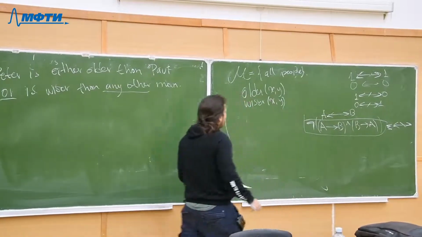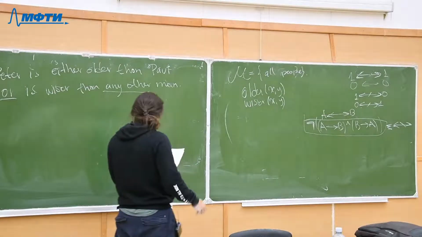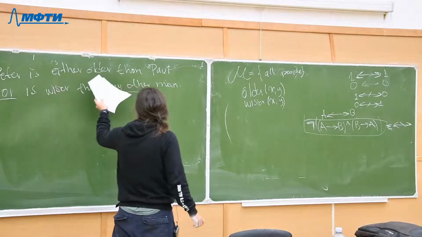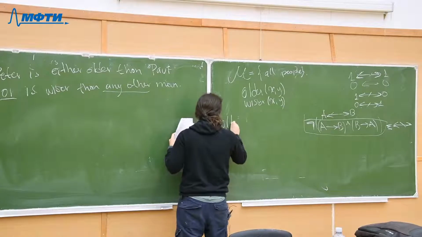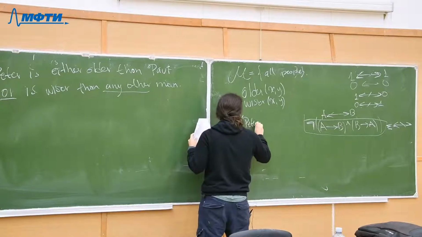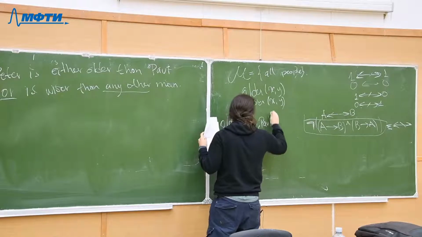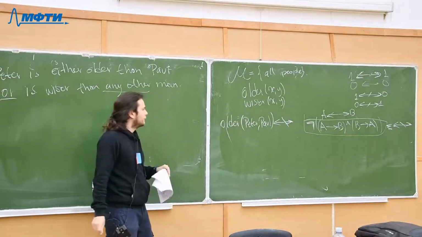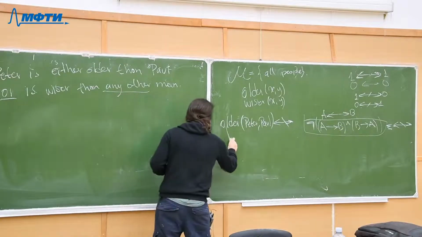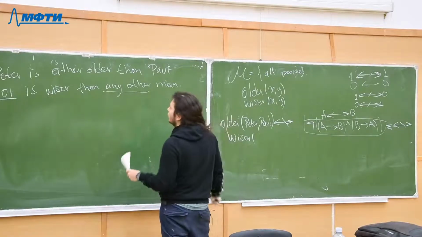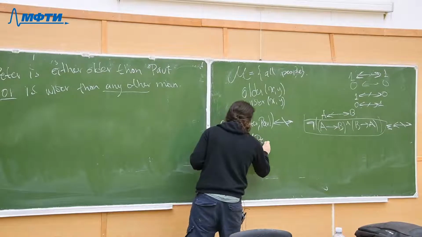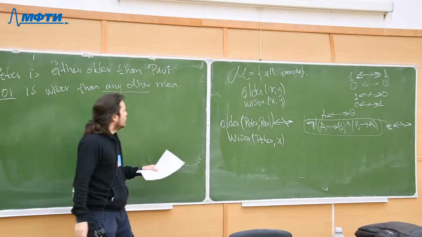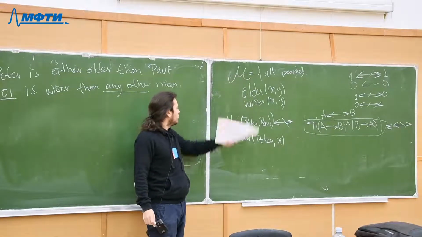Okay, and then what do we need to write? Peter is either older than Paul, so older Peter than Paul, right? Or wiser who? Peter. Or wait, so Peter is wiser than X. So X is all people, but do we need to write what?